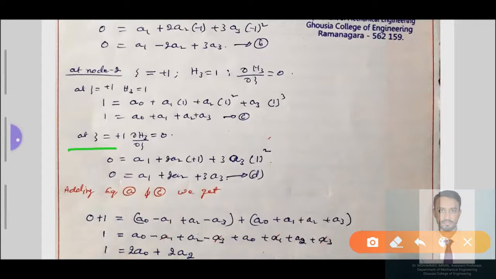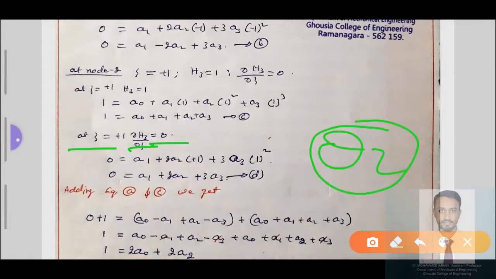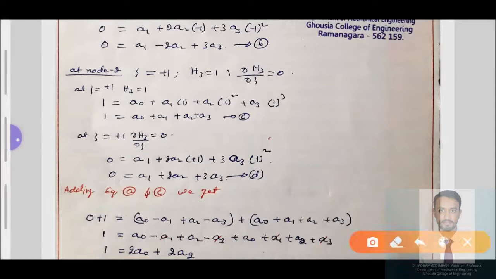At zeta equals plus 1, dou h3 divided by dou zeta equals 0 with respect to theta 2 equals 0. Then equation number 5 becomes a0 equals a1 plus 2a2 into 1 plus 3a3 into 1 square.